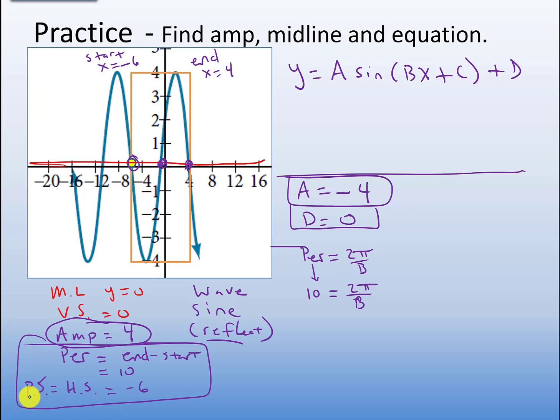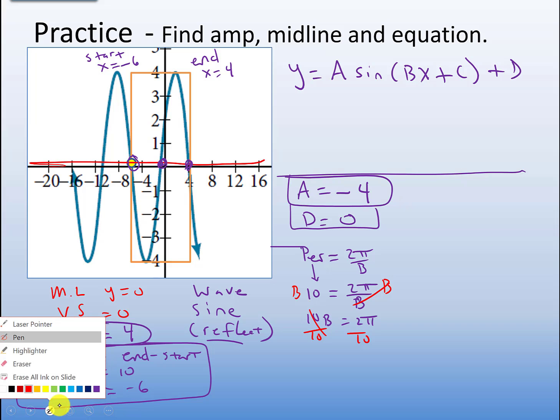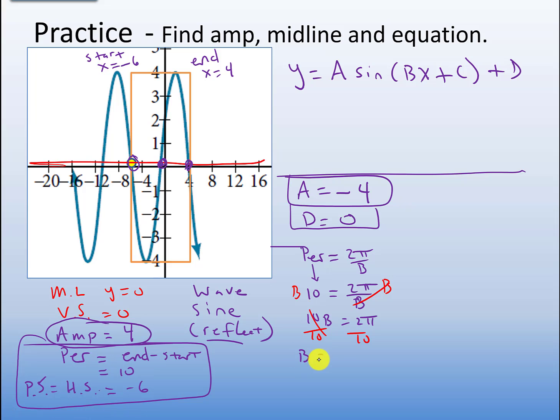I know the period is 10, but not the B. So I'm going to have to solve for B. That cancels. And I'm going to get 10B equals 2 pi. And then lastly, I'm almost there, divide by the 10. And so I get B equals pi fifths. 2 over 10 reduces to 1 pi, 1 times pi divided by 5.